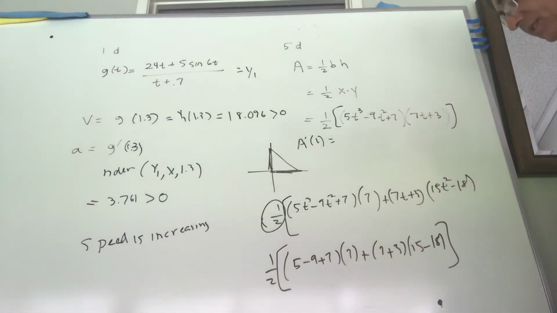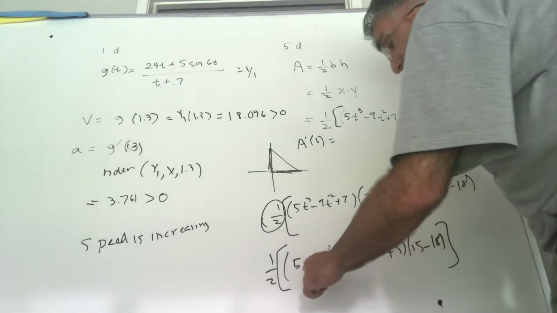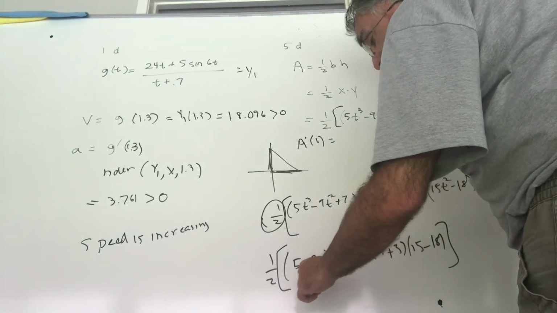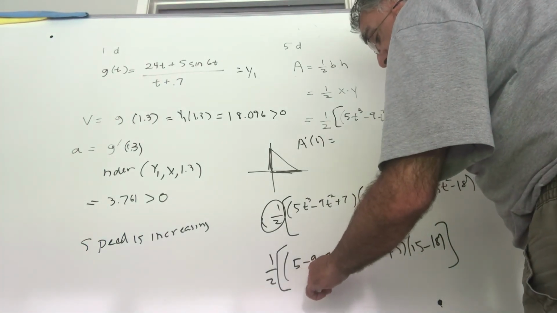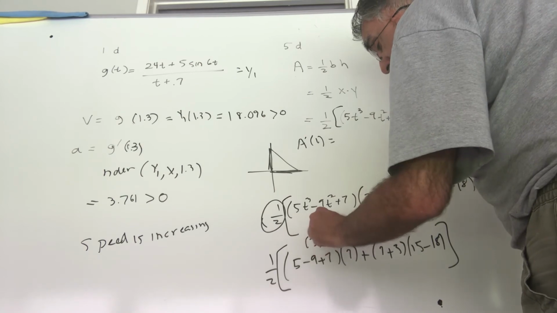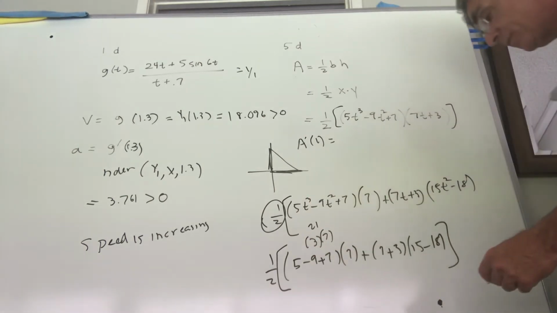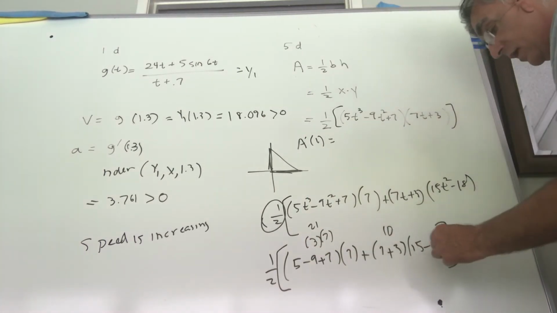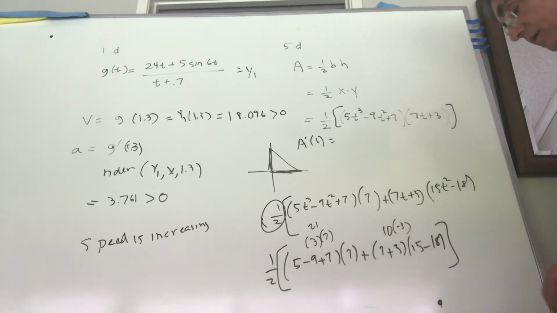I'm not sure I'm handling this half in a really good way here. 5 minus 9 is -4, plus 7 is 3. 3 times 7 is 21. And this is 10, -3.